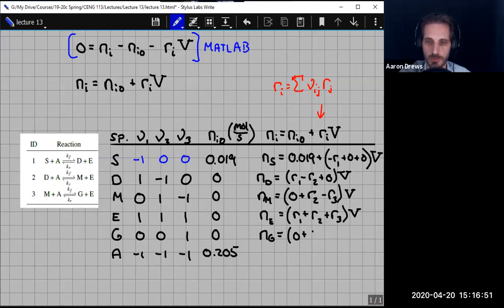And so 0, 0, and R3 times V. And then the moles of A being our alcohol. This one gets consumed. So we start off with 0.205 and then minus R1 minus R2 minus R3 times V. Got to kind of squeeze that in there.